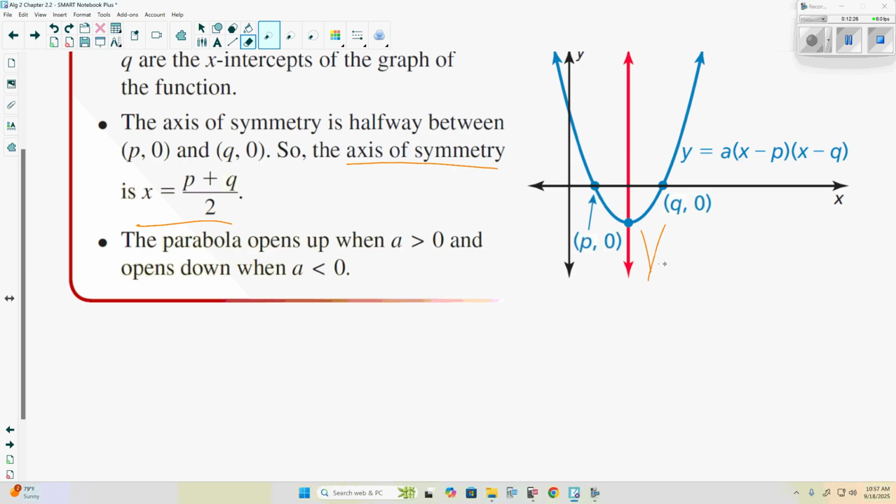Now the vertex, you're going to have to add this in, is the point p plus q over 2, comma, f of p plus q over 2. And as we saw yesterday with standard form, negative b over 2a was the x value of the vertex, f of negative b over 2a was the y value. So really, what is that saying? We find what p plus q over 2 is, plug it back into the function.